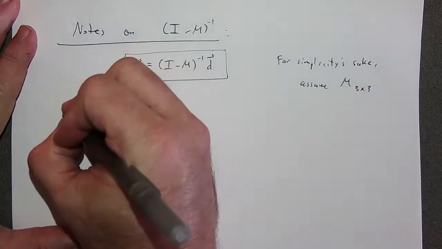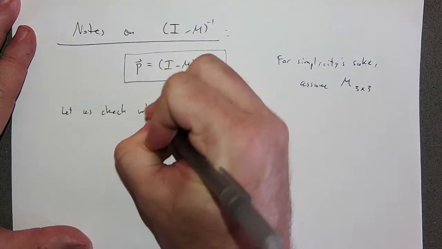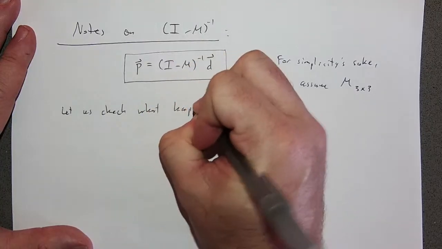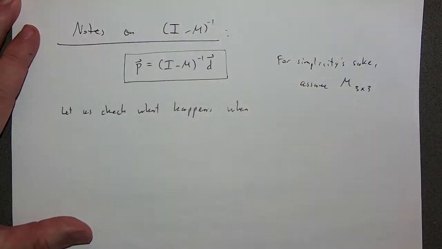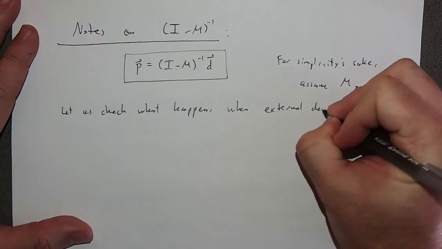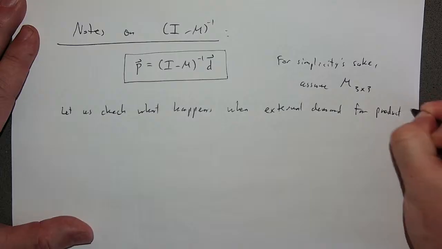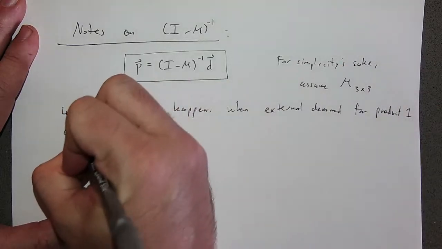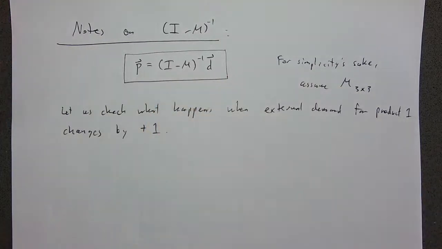Okay, so let us check what happens when external demand for product 1 changes by +1. So what happens when we increase the external demand for product 1 by a single unit?